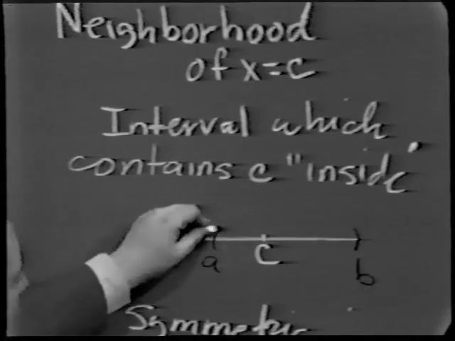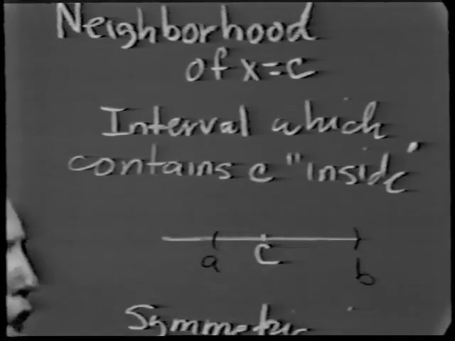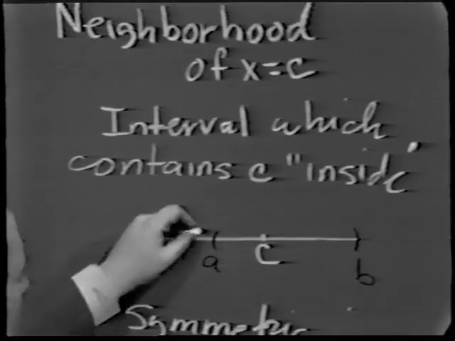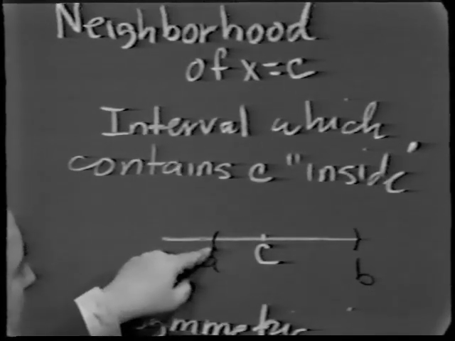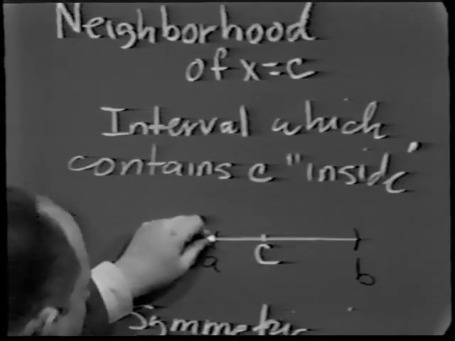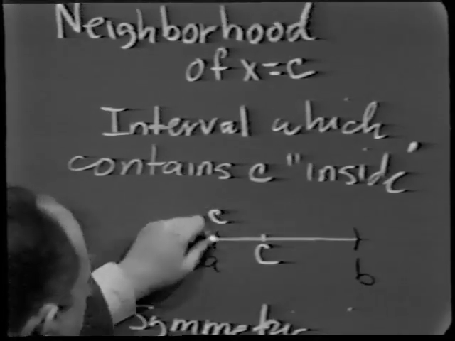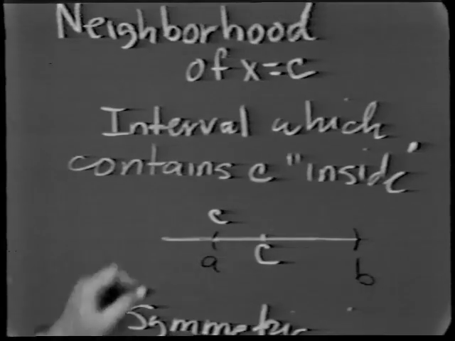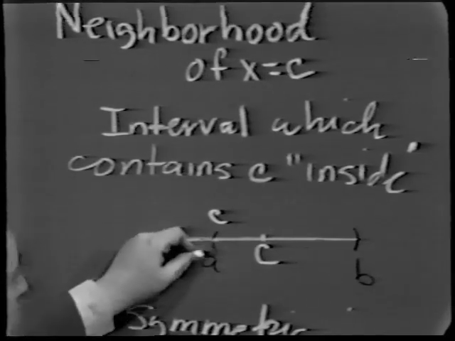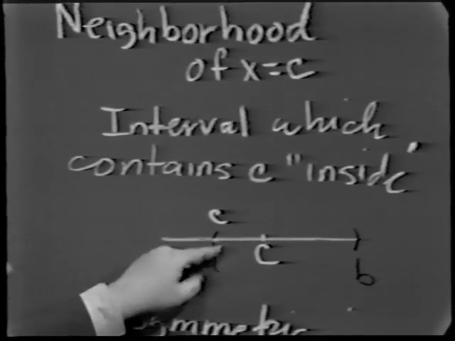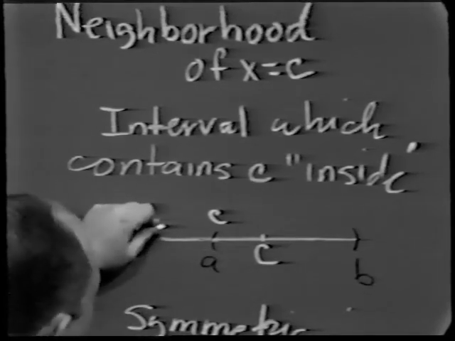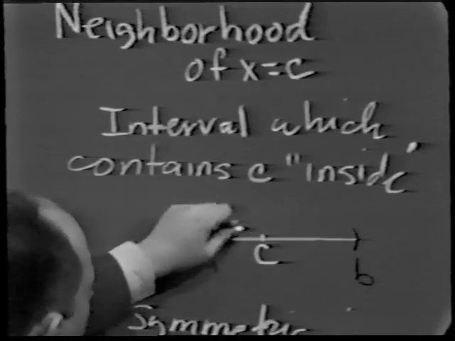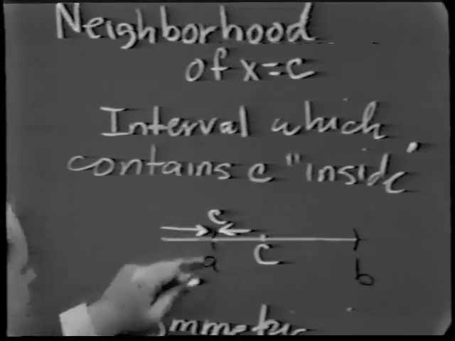By the way, you may notice I've drawn this as an open interval. The idea is that we really want c to be inside the interval. We do not want a situation where c is one of the endpoints. Whereas we'll talk about this in more detail later, the important point is that in many of our investigations in calculus, we will want to study what's happening just before we get to a certain point and just after we leave that point.